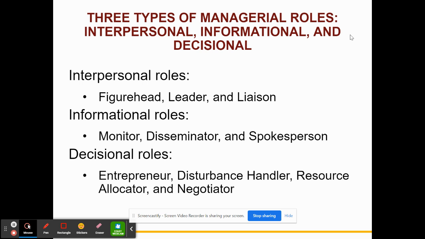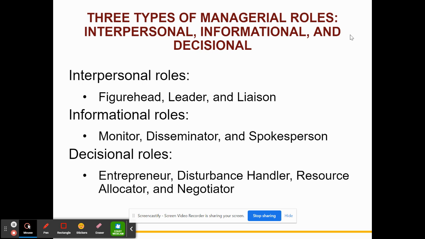Resource allocator: we know that resources are not infinite, so we have to figure out how we are going to invest within our own departments and companies. And last but not least, negotiator, in terms of negotiating trade deals, prices, salaries for your employees, and so on.